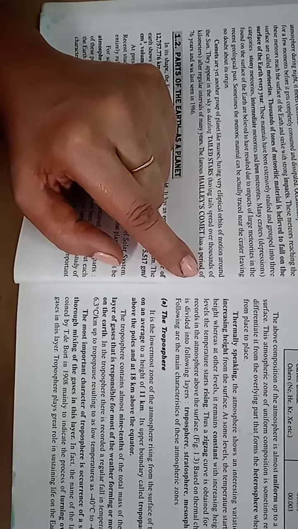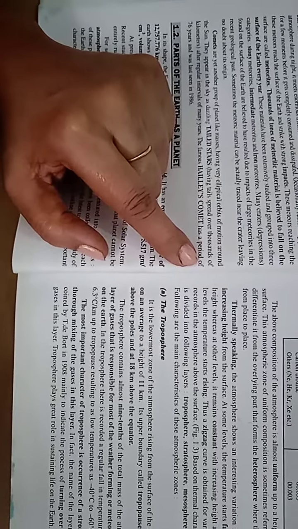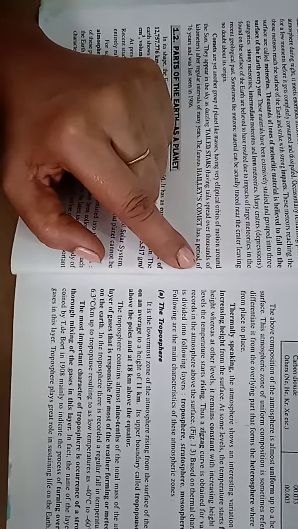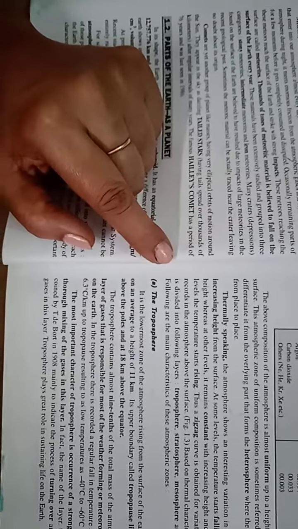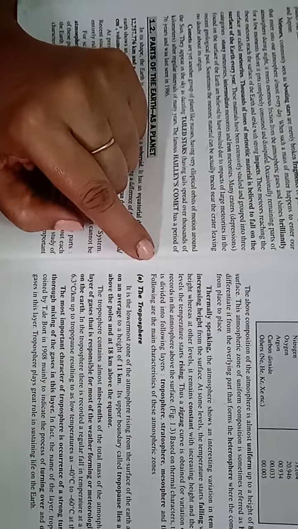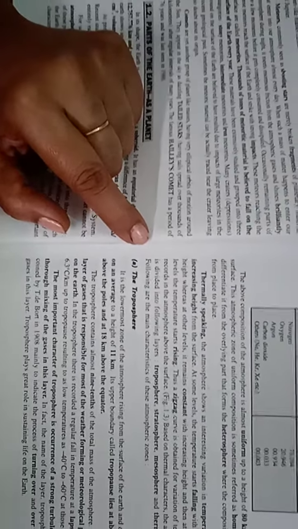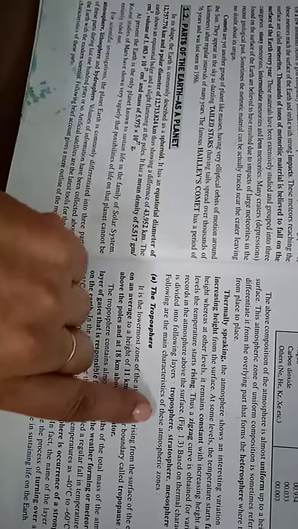Thus, a zigzag curve is obtained for variations of temperature records in the atmosphere above the surface, as in figure 1.3. So, based on thermal characteristics, the atmosphere is divided into the following layers: troposphere, stratosphere, mesosphere, thermosphere. Following are the main characteristics of these atmospheric zones.